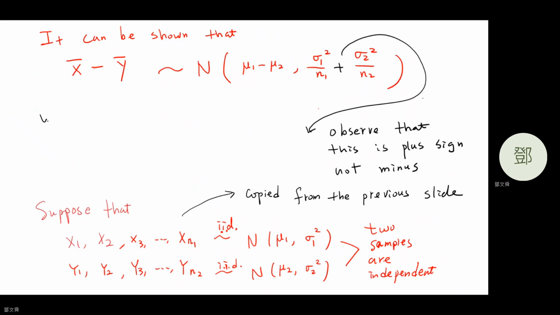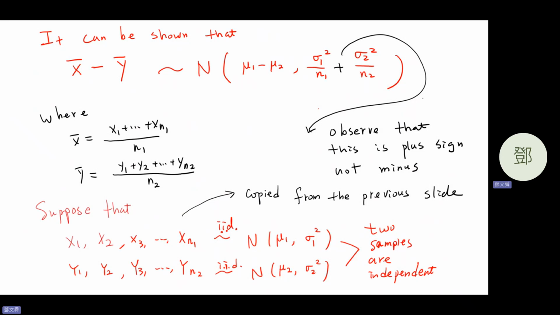Where X bar is the average of X. Y bar is the average of Y. If you calculate their average and denote the average by X bar and Y bar respectively, this is a random variable.